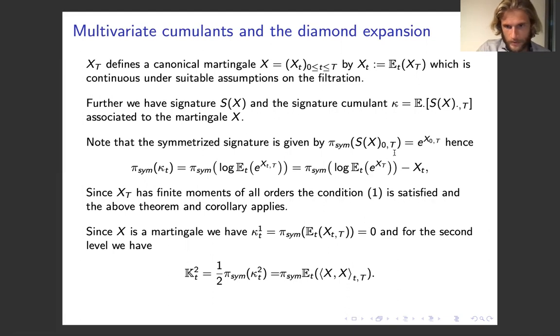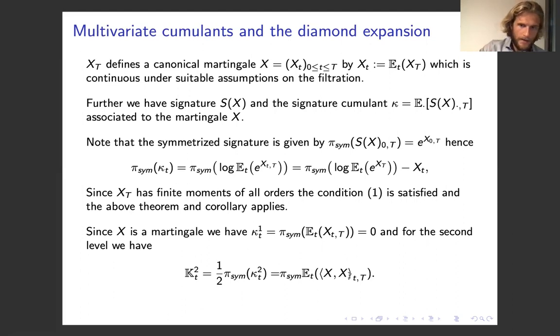Now symmetrizing the signature gives the exponential map, and symmetrizing the log of this expected signature then gives the multivariate cumulants of this random variable. Therefore, for the first component, we have trivially the martingale increment expectation, which is 0. For the second component, we obtain after symmetrization this variation term.